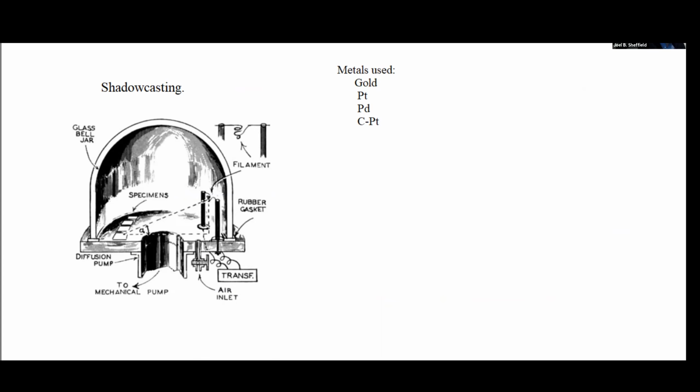And your samples, your grids, are sitting here. So you have a series of grids over here, each one of which has your sample on it. It could be a lot cleaner, but that's sort of the way it is.